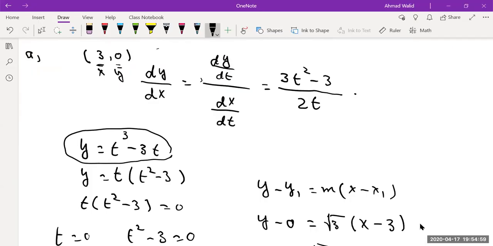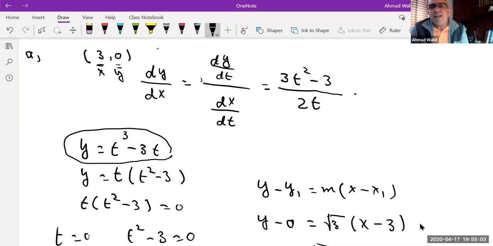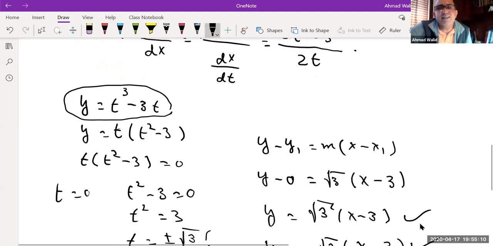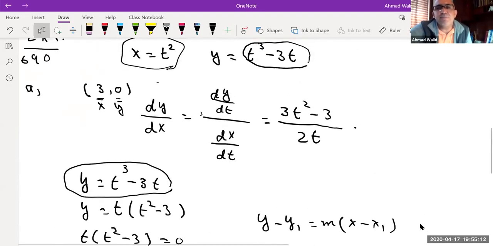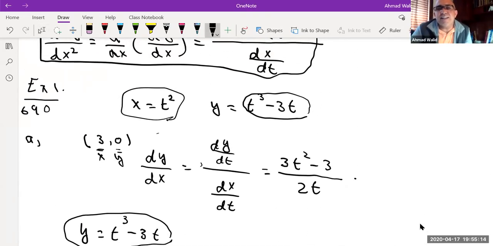Even you see, if you solve this one for t, you will end up with radical 3, correct? If I plug the value of t even here in this derivative, I'll get the slope as plus or minus radical 3. Which way I go, I'll end up with the same answer.